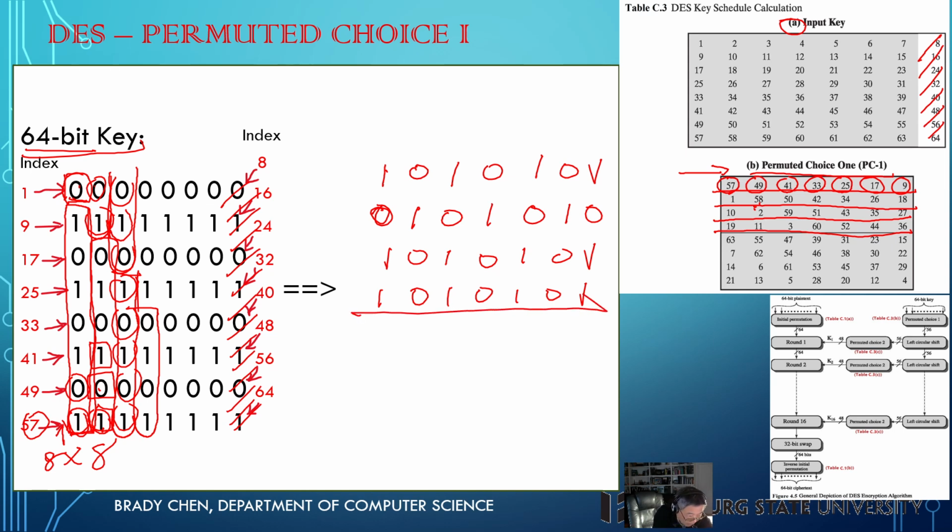The second half is the first one, the index 63, and then 55. Where's 63? So the last column, that's 64, right? 63 is this one. Now where's 55? That's 56.